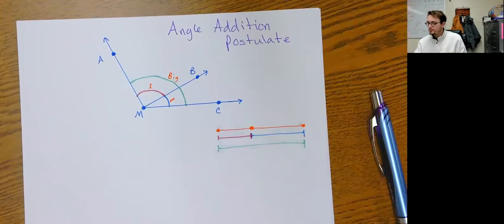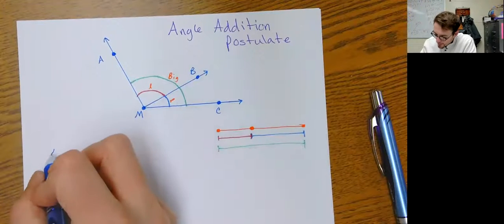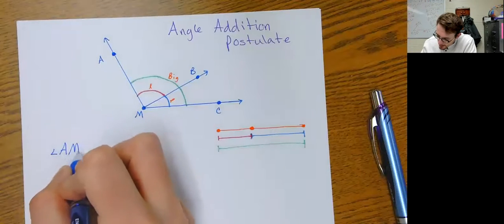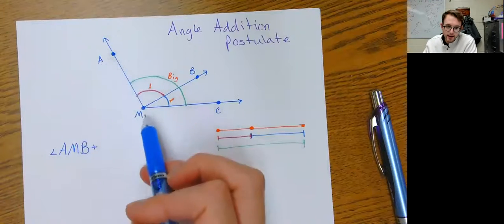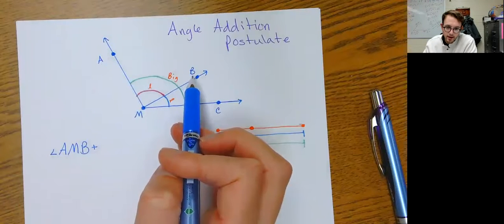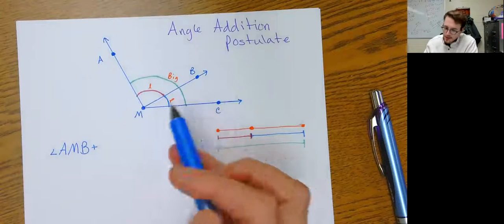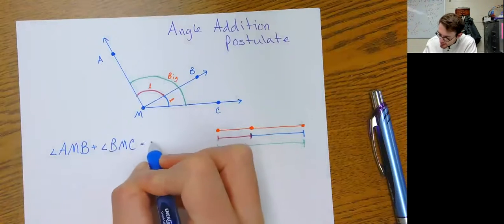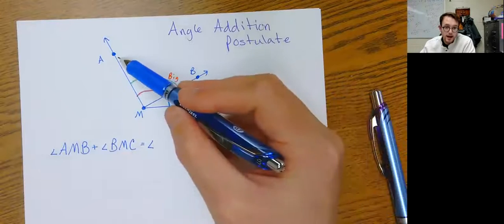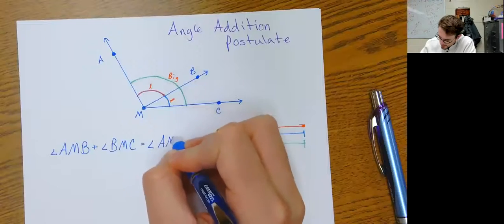How you would write this out, there's multiple different ways, but how I would write it out is angle AMB, that's a little angle, this violet one, plus angle BMC, which is this little blue angle, equals the big angle, which is angle AMC.